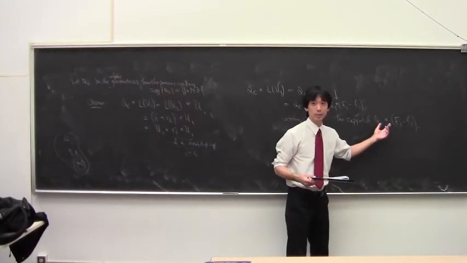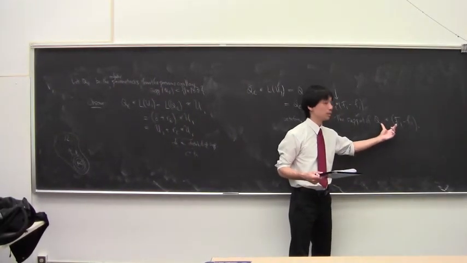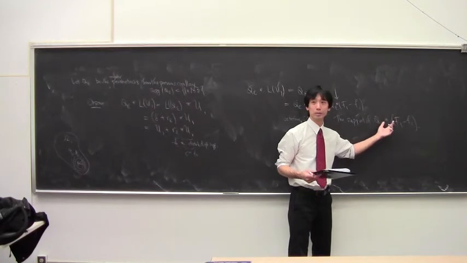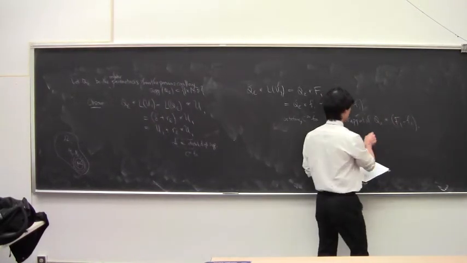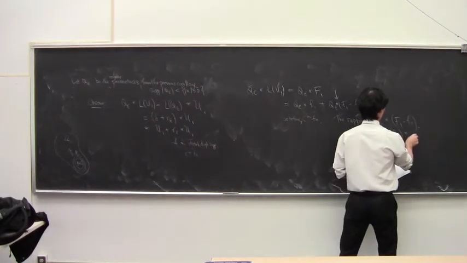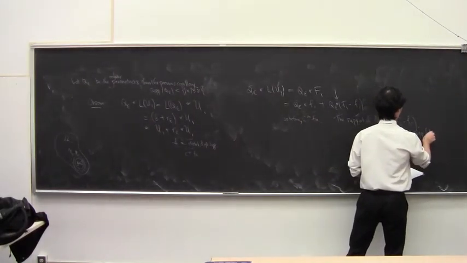Do you remember we had this result earlier that says that the support of a convolution is contained in the set-wise sum of the supports?